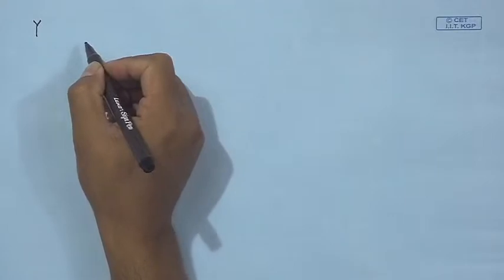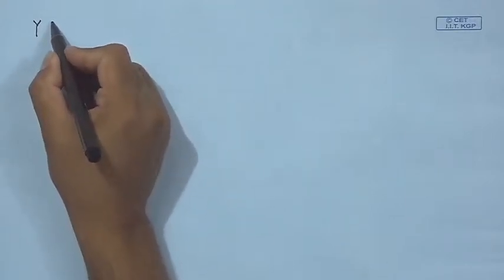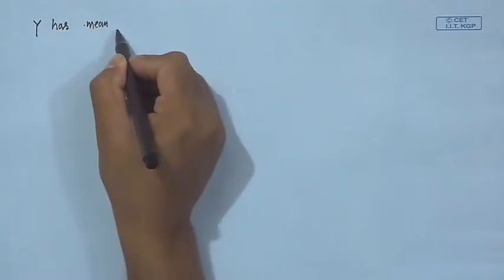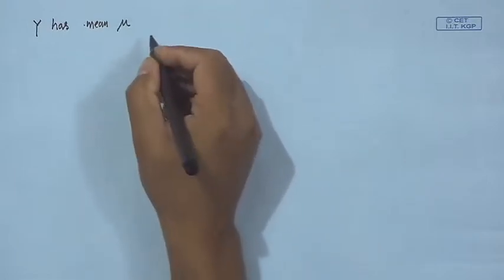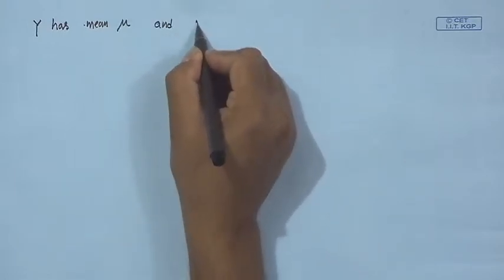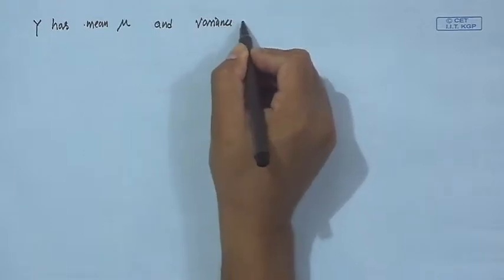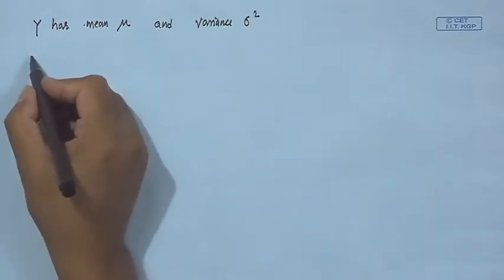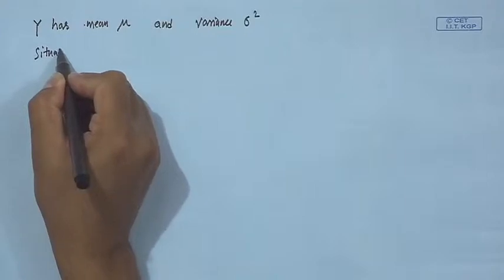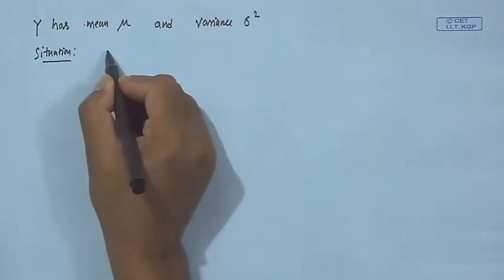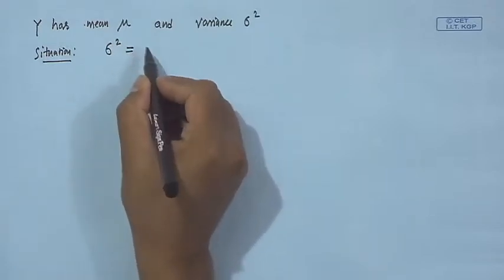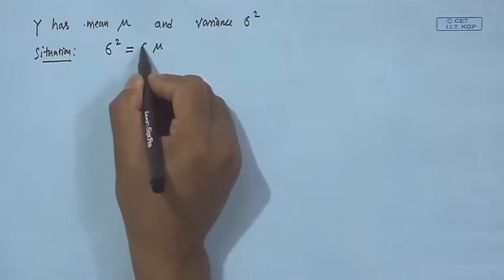So, y is a response variable and y has mean mu and variance sigma square, and the situation is that this variance sigma square is a function of mu, g of mu.